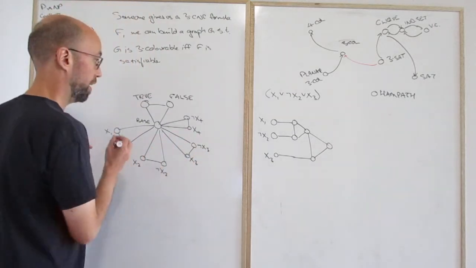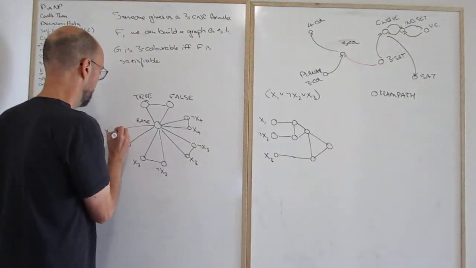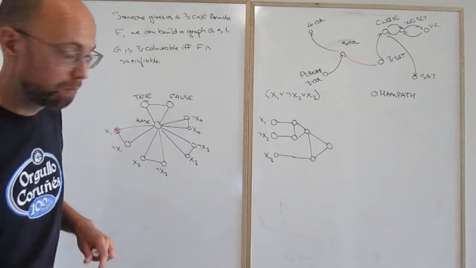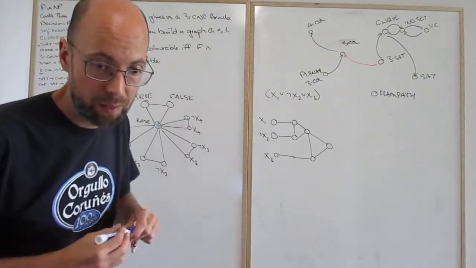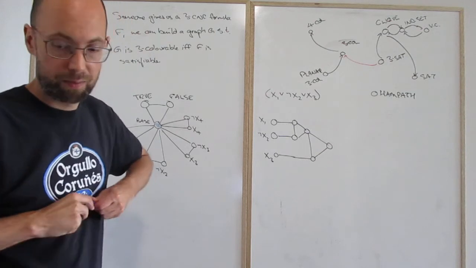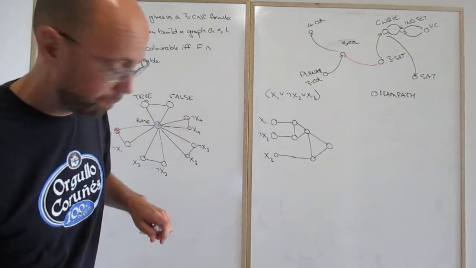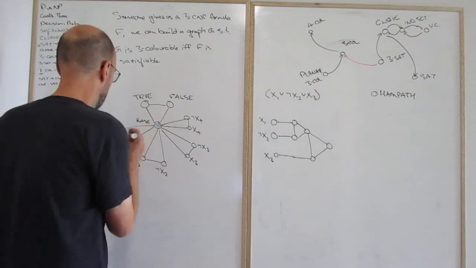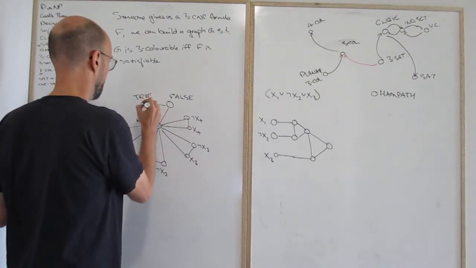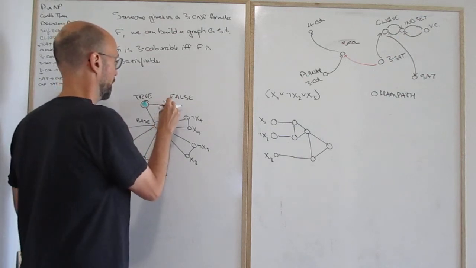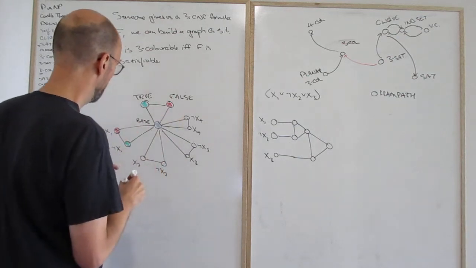So if x1 is red, and base is blue, then let's say true is green, false is red, base is blue.